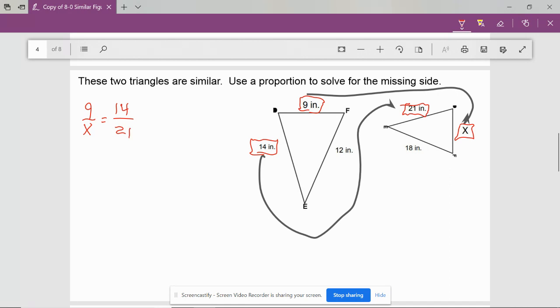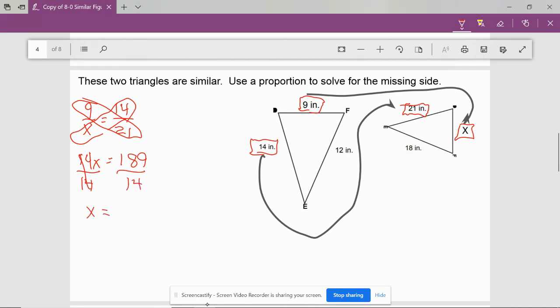Now, we just do our cross multiplication, correct? So we get 14x equal to 9 times 21, which is going to be 189. And then that's a one-step equation that we've been solving since November. So everybody should know how to do this at this point.